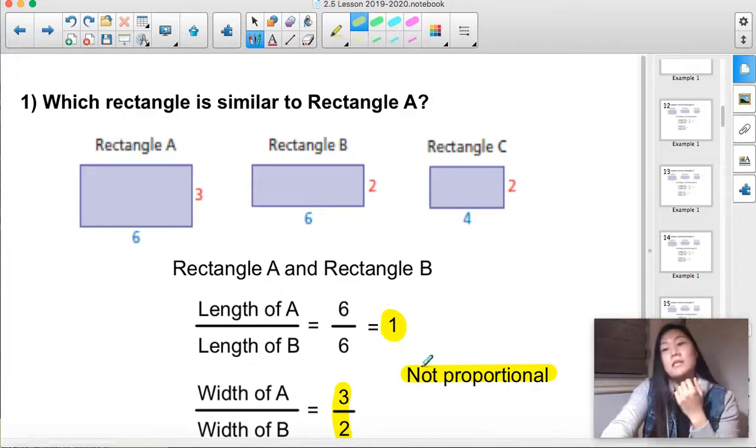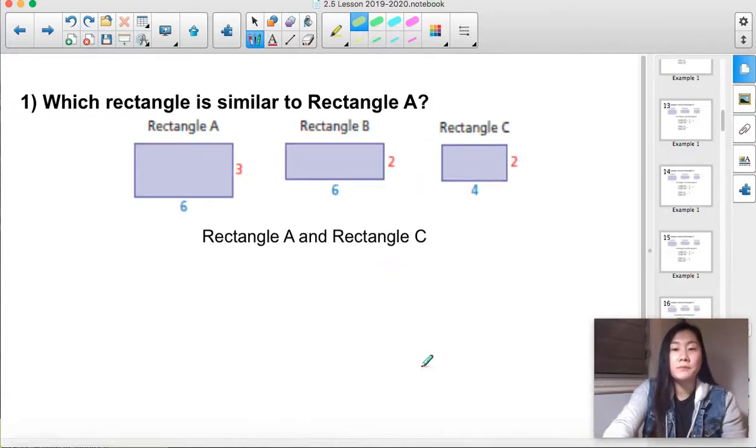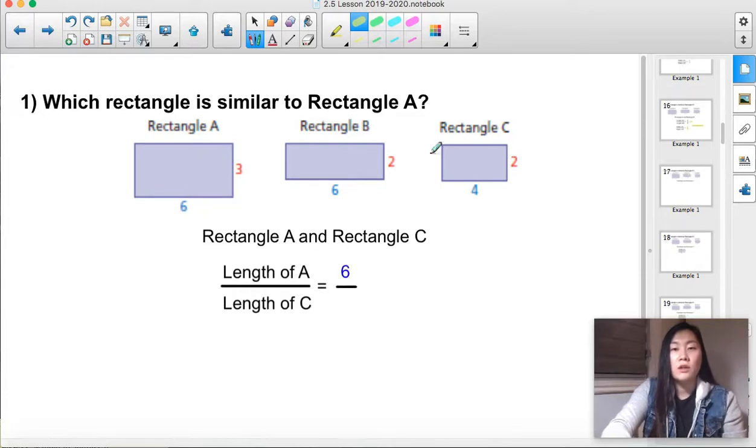Let's compare rectangle A and rectangle C. Again, same thing, length of A is 6 over length of C is 4. And you can reduce that, simplify always, to 3 over 2. So that's the ratio.